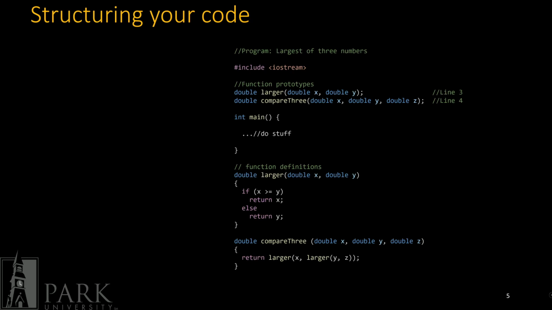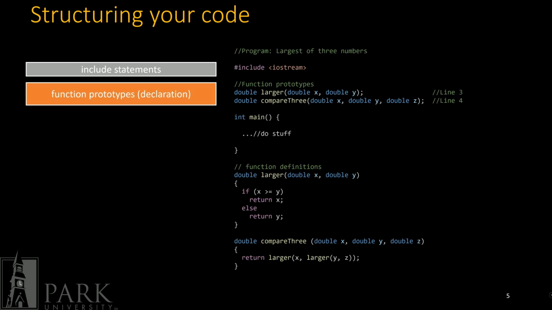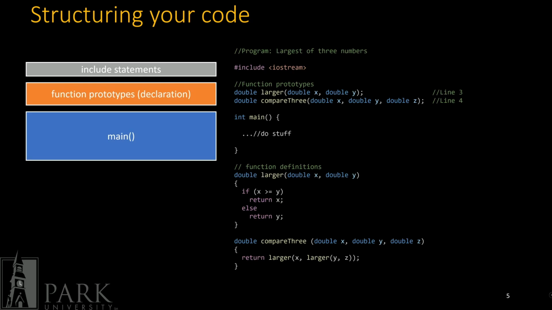A single file program is typically structured much like what you see here. First, we have our include statements. This brings in any additional header files that we're going to use. Then this is followed by our function prototype. Then by our main function. And then finally any function definitions that were declared above.